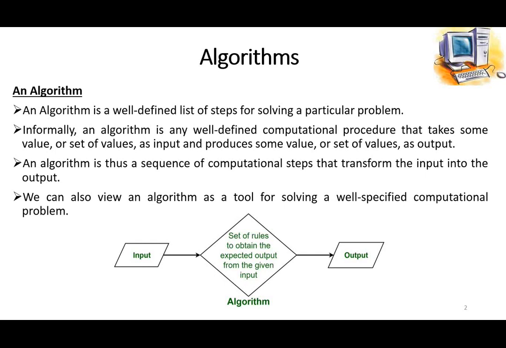We can also view an algorithm as a tool for solving a well-specified computational problem. So in this diagram it is shown that the algorithm takes an input, and then after processing the input in a stepwise manner, it is converted into the desired output by the algorithm.